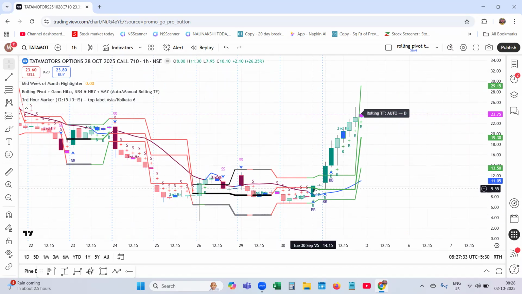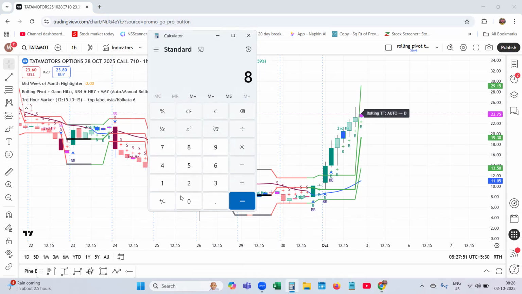On the 30th, even the call option showed a buy signal. If you would have entered around 9 rupees, it gave you 24 rupees. What is the price you are giving for the 9 rupees? 800 into 9 is equal to 7,200 rupees.